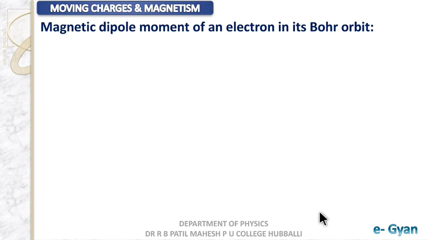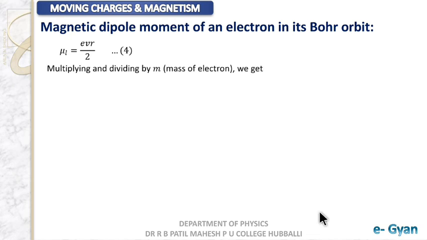Let us proceed ahead. Here, taking this equation once again, let us multiply and divide this equation with m. m here will be the mass of the electron. That's why the magnetic dipole moment of the electron is taken to be mu L. Note it. You will get to know why we are taking L at the last. So if I try to write it, we get m and m here. So I have multiplied and divided both the sides.